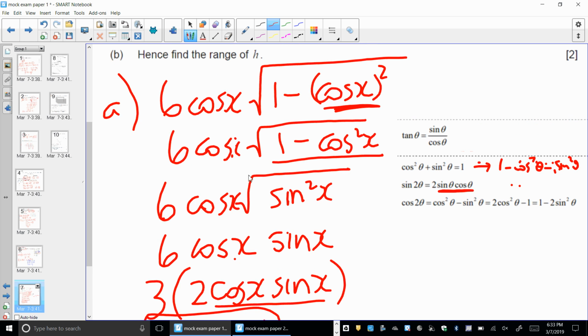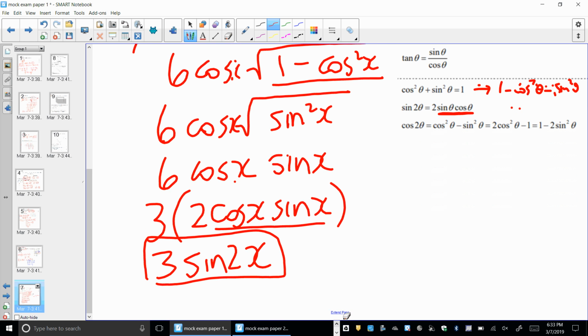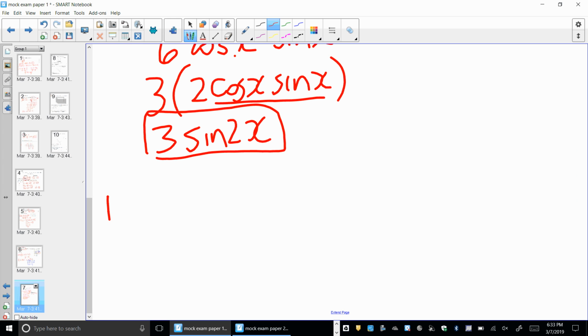Oh, there's a B. Hence, find the range of h. Okay. The range is the y values. We need to know our knowledge of sine graphs. This value here is going to change the amplitude, which affects the range.